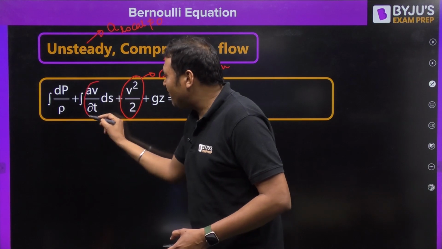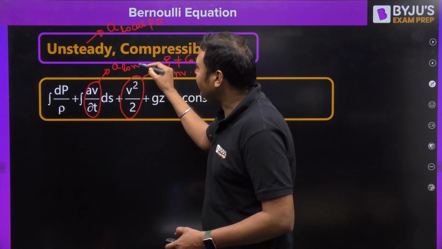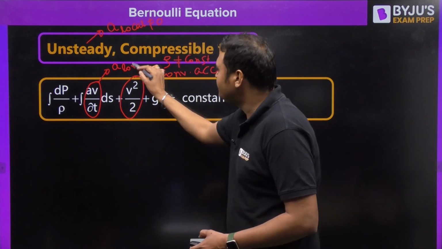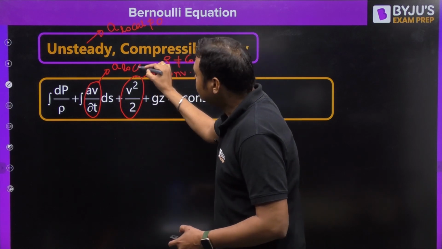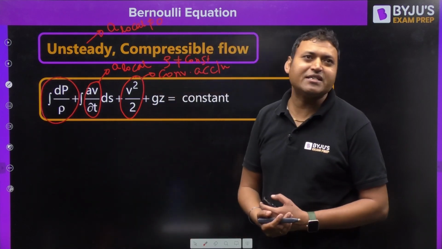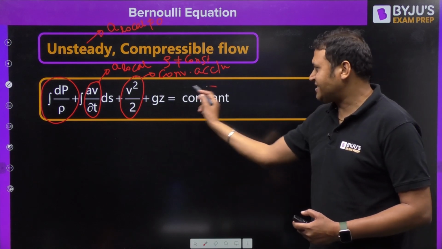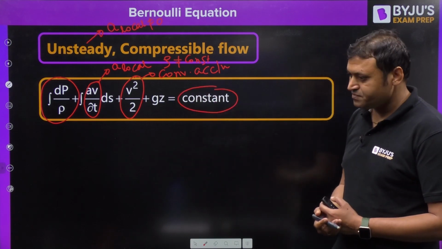And this term del V by del t is the local acceleration due to the unsteady nature of the flow. And because of the compressible nature of the flow, the integration of dP by rho will also be there, and the right hand side will be constant.